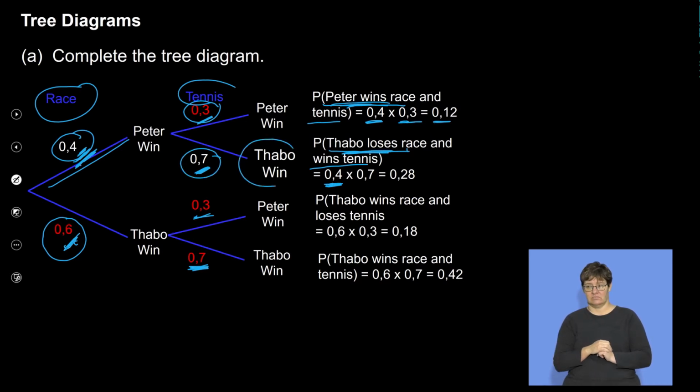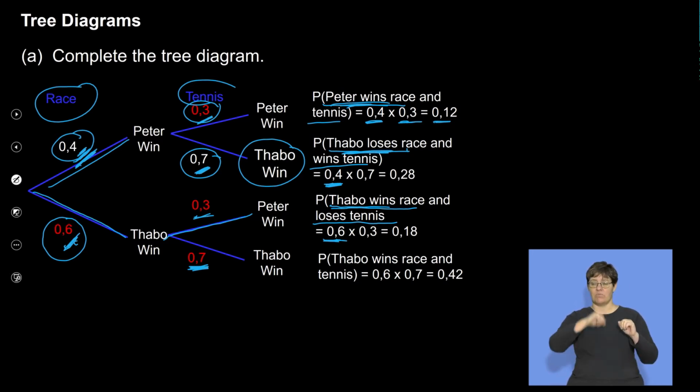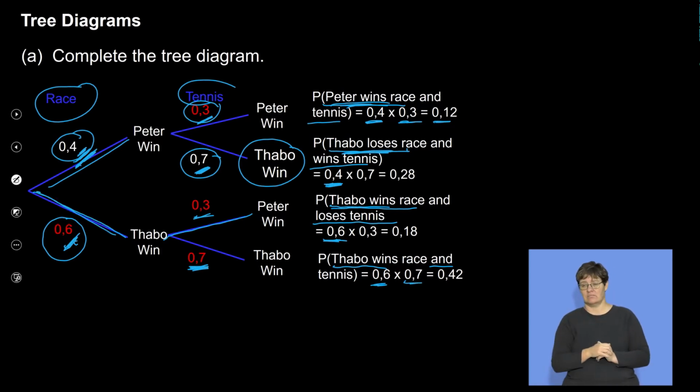Then the probability that Thabo wins a race and loses tennis: Thabo wins a race, 0.6. We're looking at that branch, 0.6 multiplied by 0.3. So we just multiply the branches. Then Thabo wins a race and tennis is 0.6 times 0.7, which is that branch multiplied by that branch.